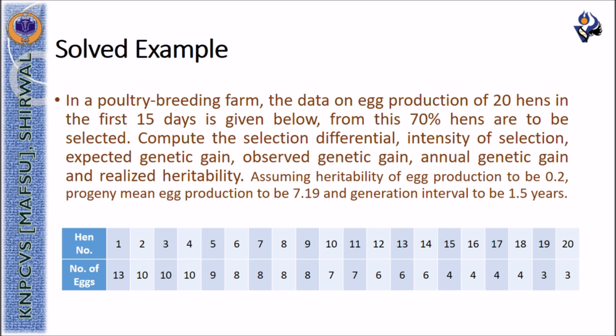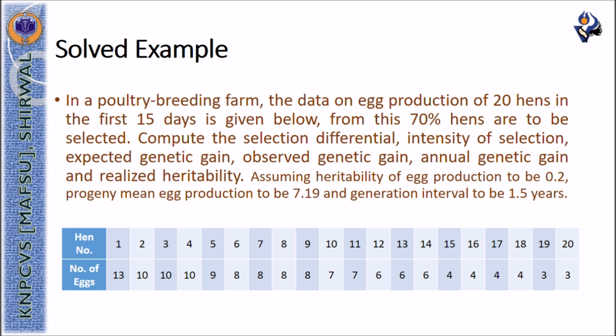Now we will see with the help of a solved example. Here the example states that in a poultry breeding farm, the data on egg production of 20 hens in the first 15 days is given below. From this, 70% hens are to be selected.